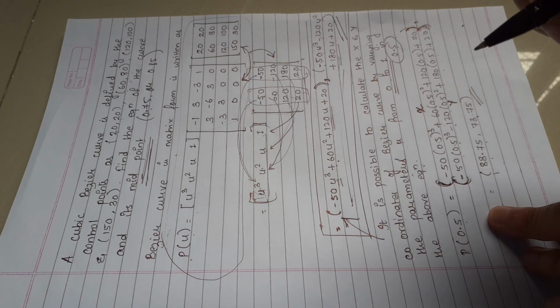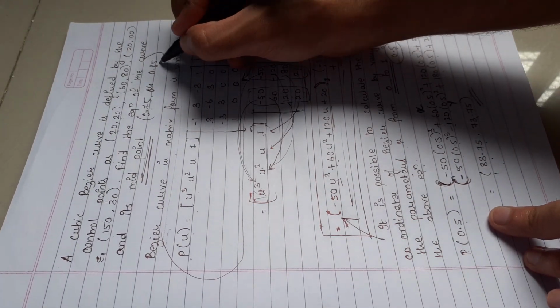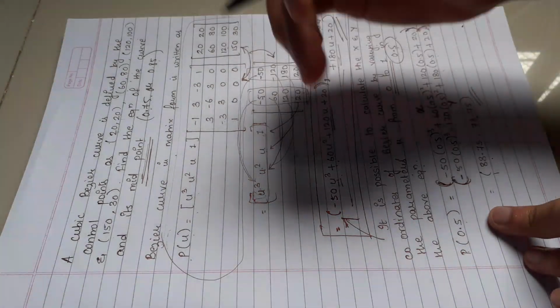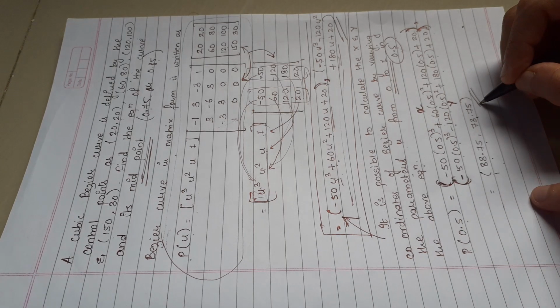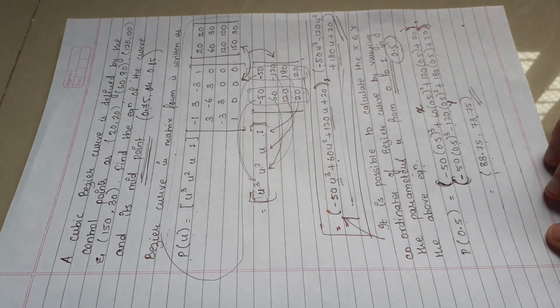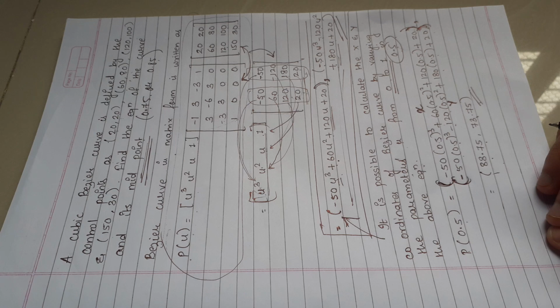Similarly, for 0.85, put 0.85 as u in this whole equation. So this is a very basic and easy method to solve the Bezier curve numerical.